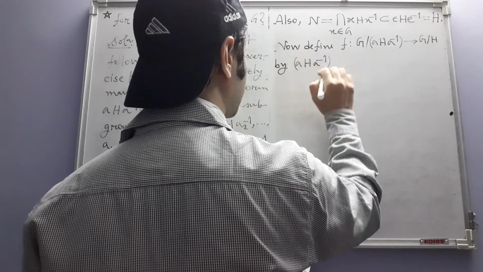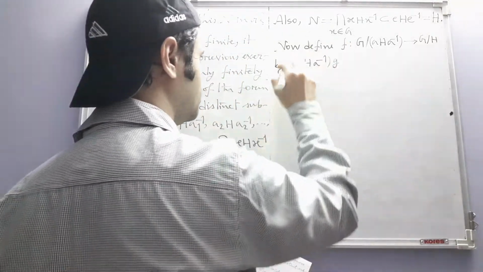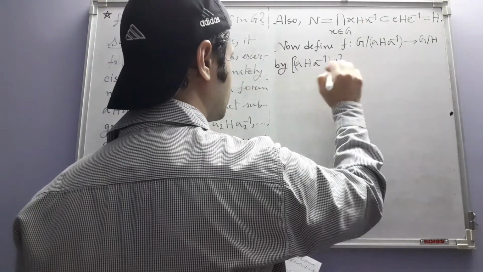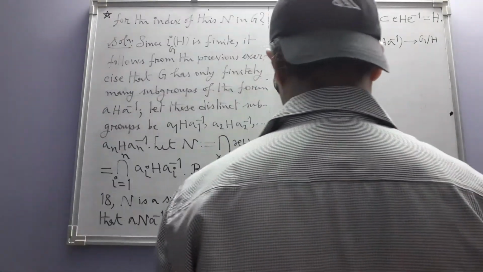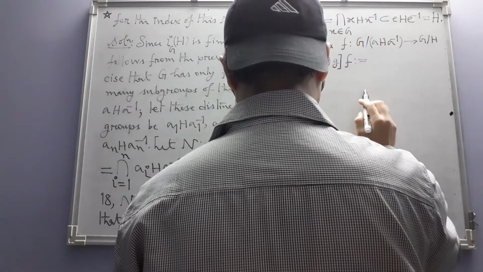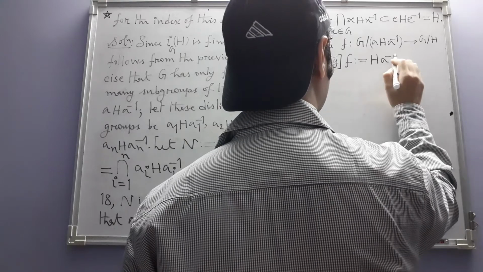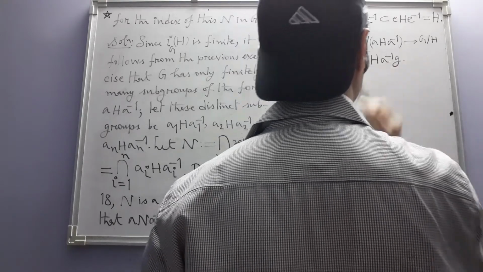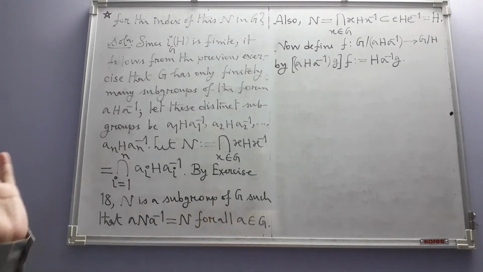A general right coset of AHA inverse looks like this, where G is any element of G. Its F image is defined to be equal to HA inverse G, where A is any element of G.